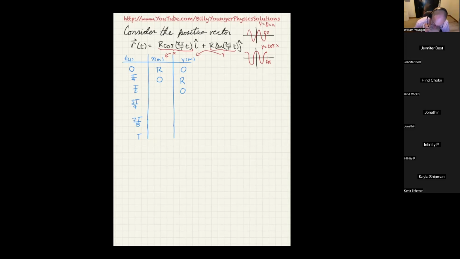Would it just be r for x? Close. Remember, if you look at the cosine graph, it's negative r. Yep. All right. What about 3T over 4? What's going to happen there is we're going to get 3 halves of pi, 3 pi over 2.